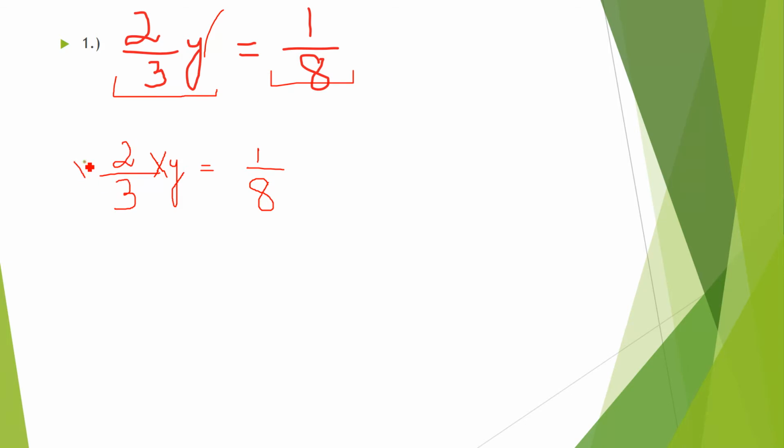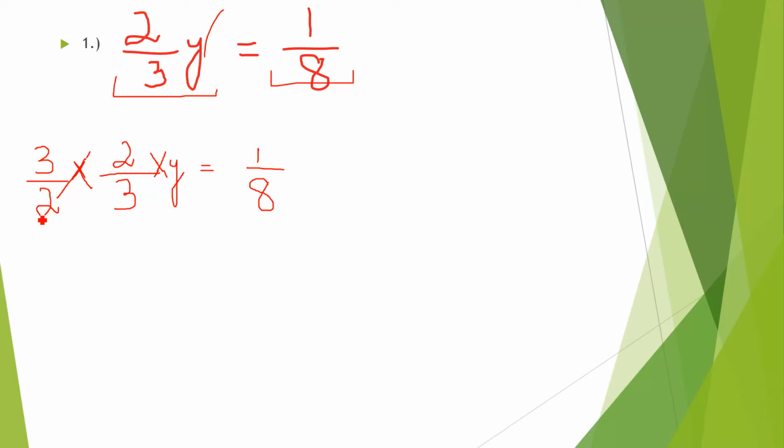How can we remove this? If I multiply this 2 over 3 with 3 over 2, because this is the fraction, you have to invert it, 3 over 2. What will happen in this way? So see, this is the multiplication and this is coming here and this is here.